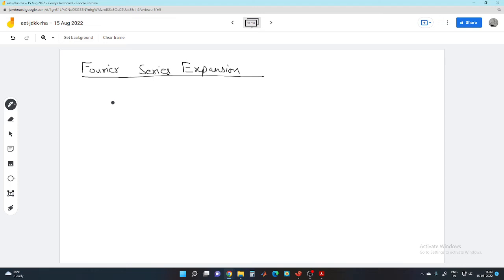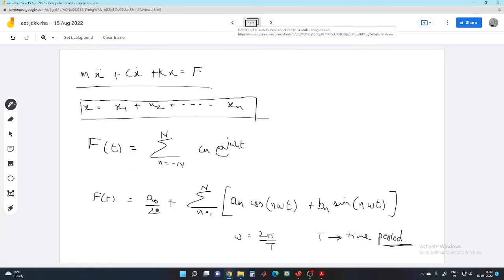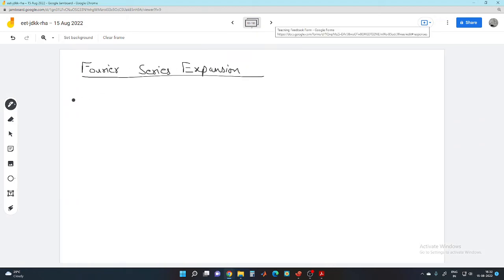This Fourier series expansion shows that the constants a naught, an, and bn can be directly found as: a naught is equal to 2 by T integral of minus T by 2 to T by 2 f of t dt.